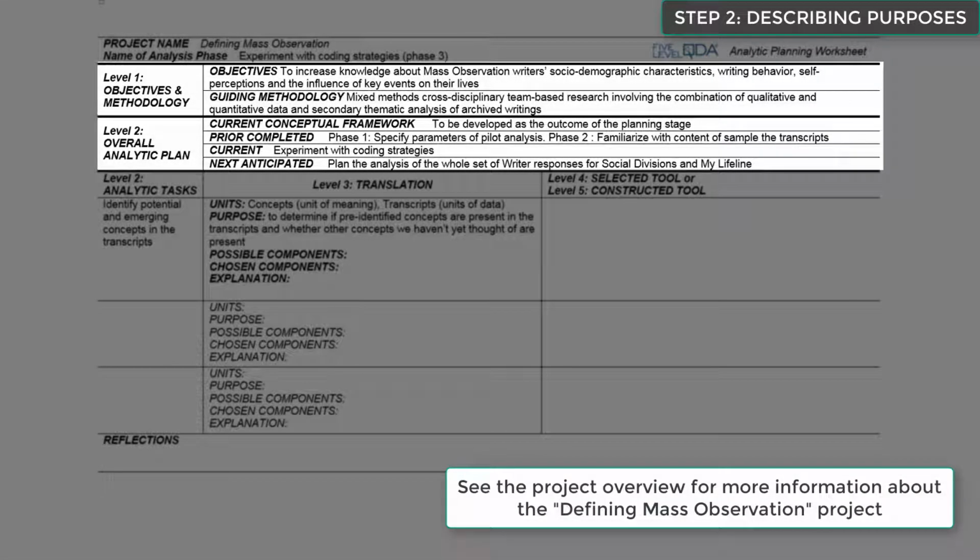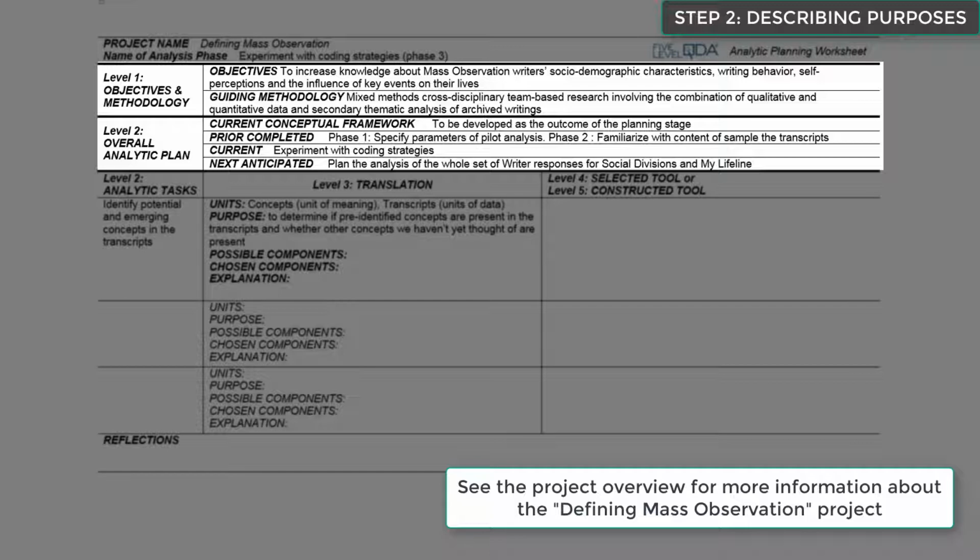So, for example, we can see that at this point in the project, we had previously familiarised with the content of sample transcripts, so we had some idea of the concepts that we may expect to find in the dataset as a whole. These are what we call the potential concepts, and they were predefined as part of the previous phase. We can also see that we're expecting the next phase to include planning the analysis.